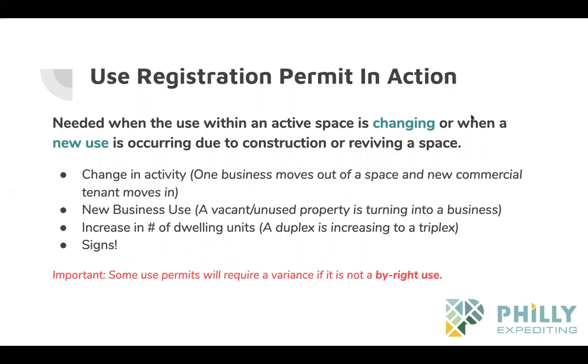If a retail store is changing into a spice shop, use change. A new business use, like with the fashion district, this was a new mall, so it's new business uses. And then also an increase in the number of dwelling units. So the structure already exists, but it's turning from maybe 2 units to 3 units. So you need a use permit for that.